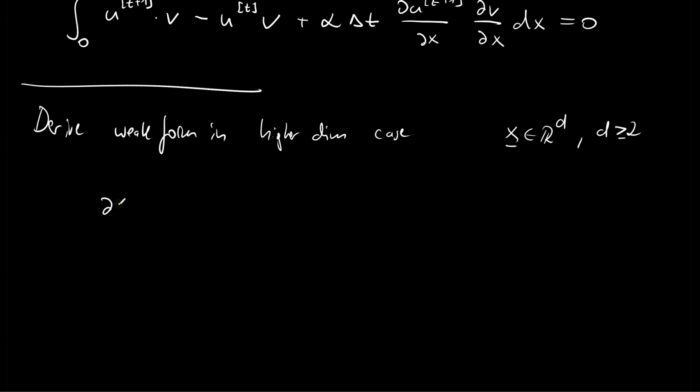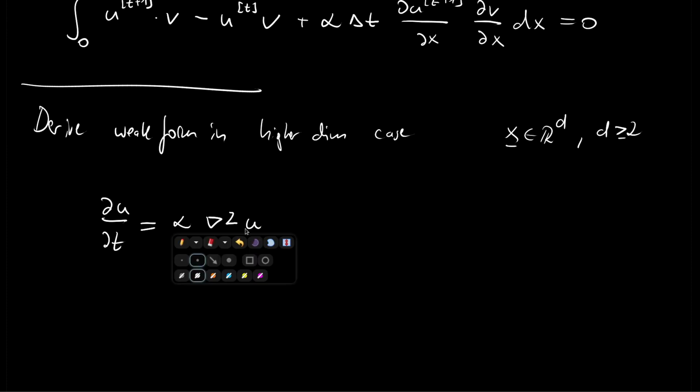And this one reads as du by dt is alpha times nabla squared u. And this nabla squared you see here is essentially a different way of writing the Laplace operator. So this is the Laplace operator.